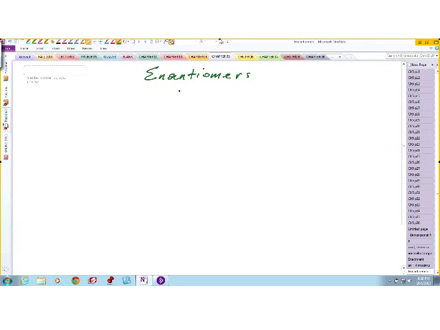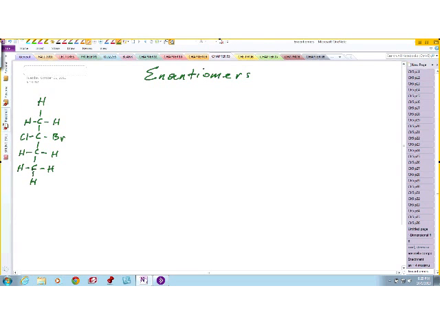But before I give you the definition of enantiomers, let me give you some examples. Supposing we have this molecule here.